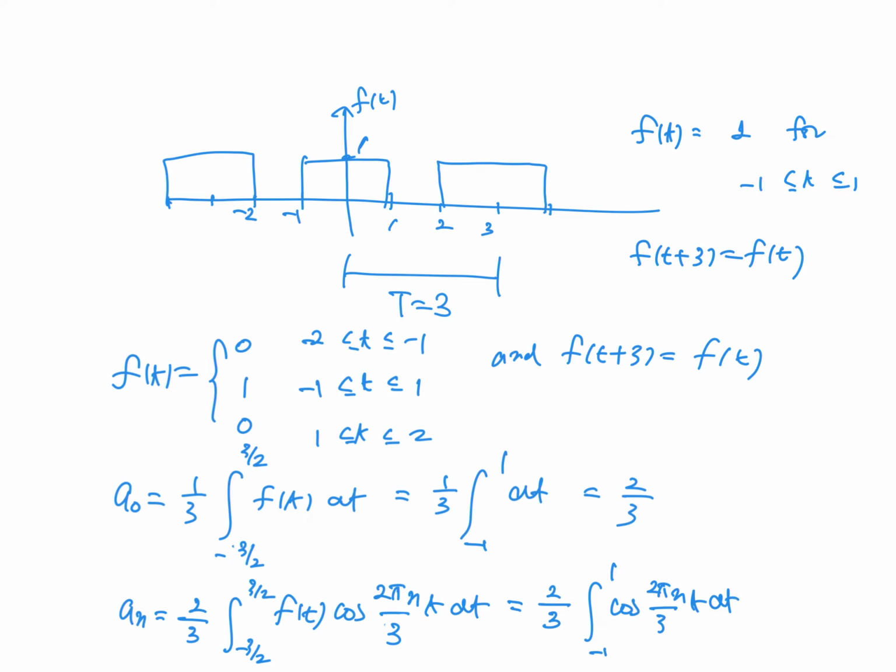If we integrate cosine, what do you get? Sine. So maybe I can have some space here. 2 over 3 times 3 over 2 pi n, sine of 2 pi n t over 3, from minus 1 to 1.